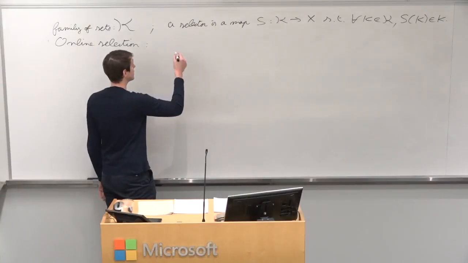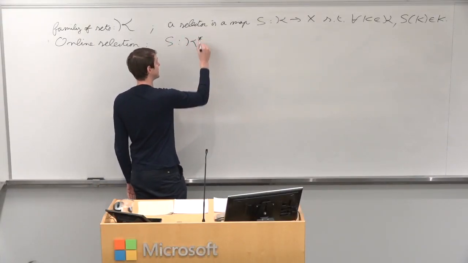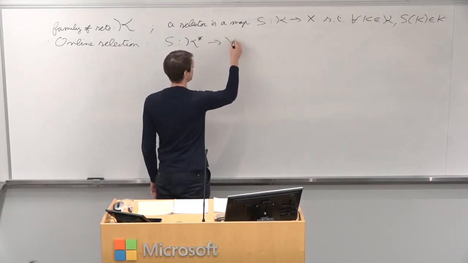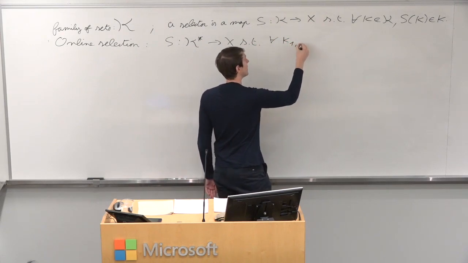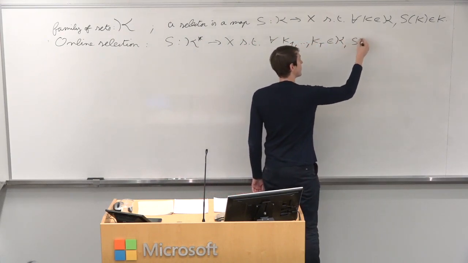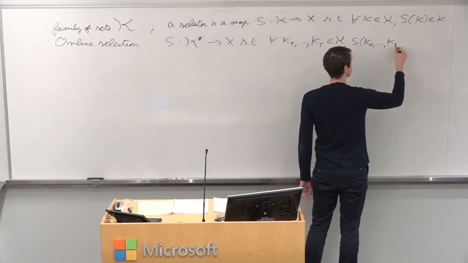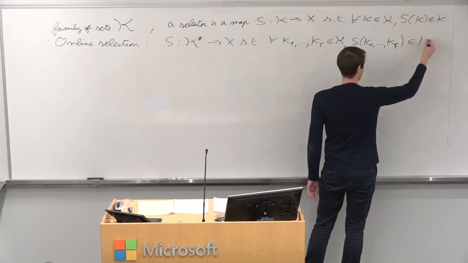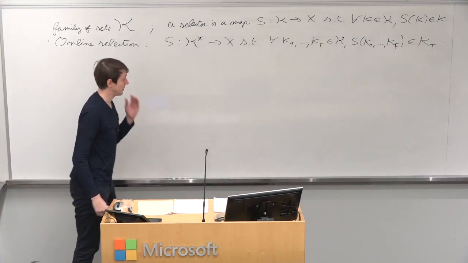Online selection is just that the map S is now from strings of sets to X, and again such that for any sequence K1 up to KT of sets, when you input this sequence, you output an element in the last set. Okay, so that's what we're going to care about.